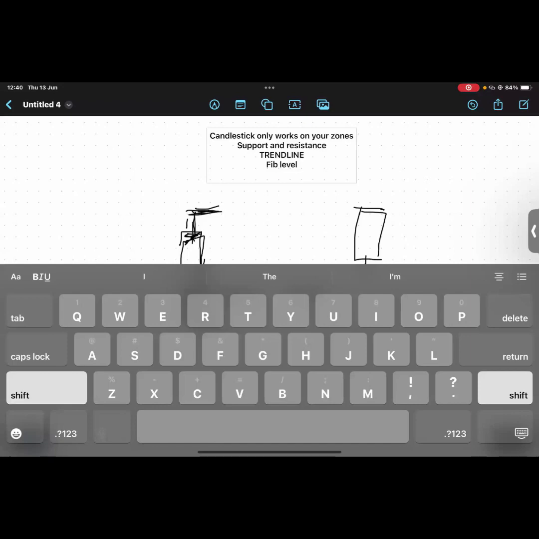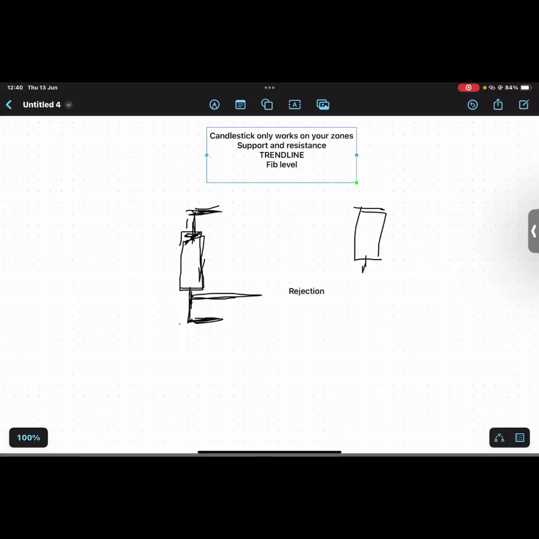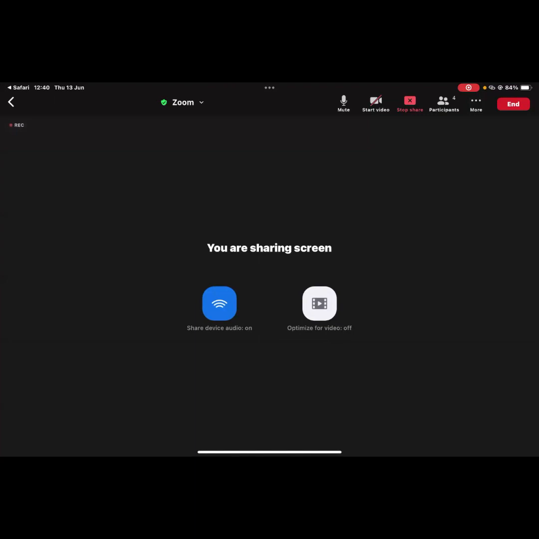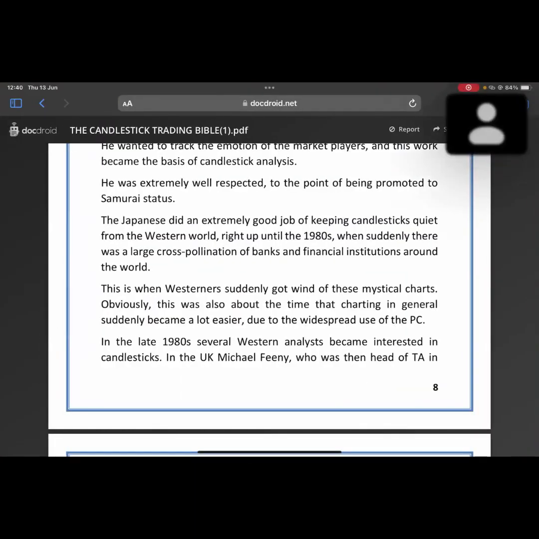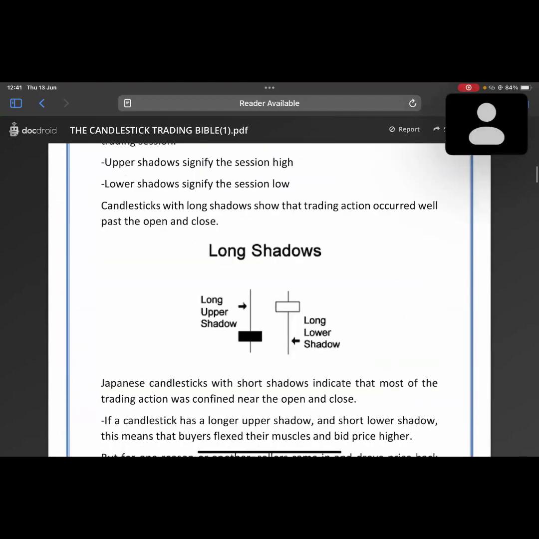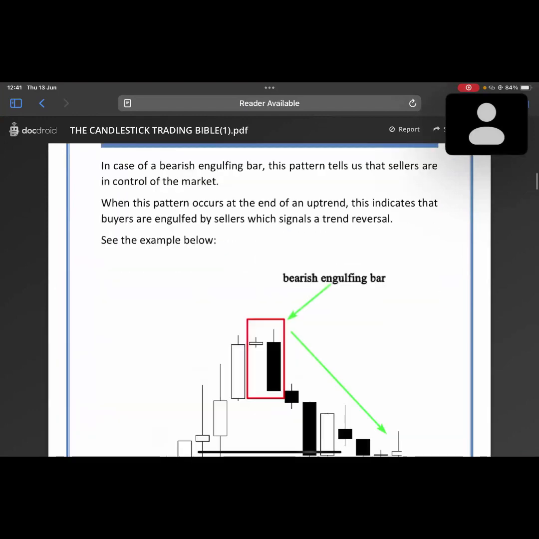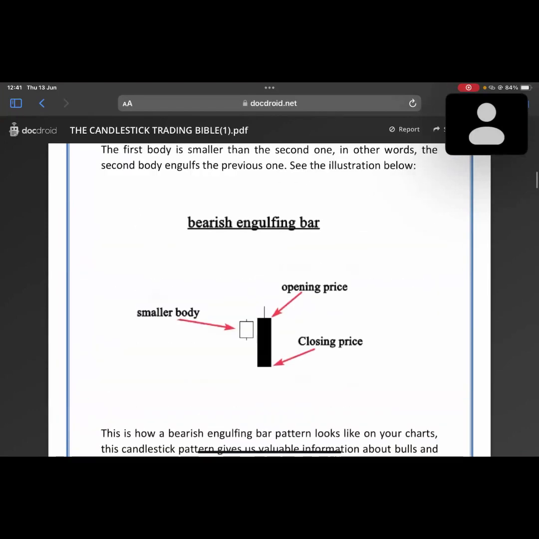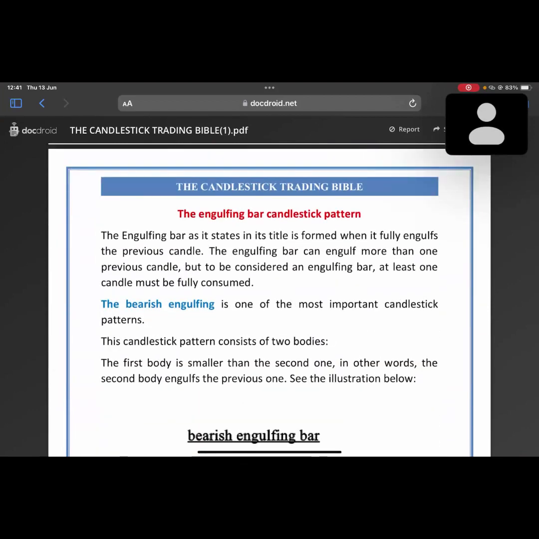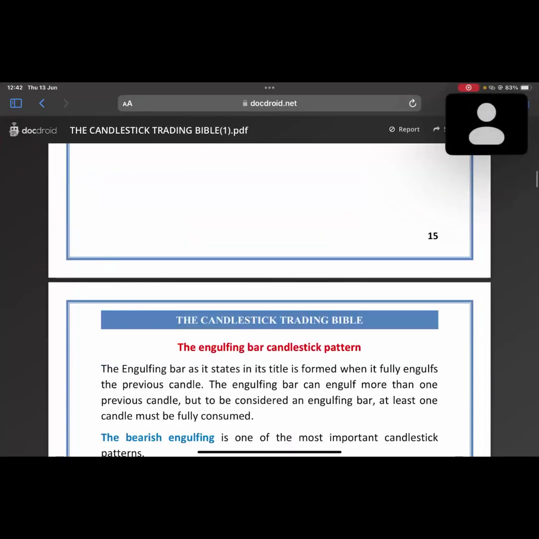Now let's go and look at the different candlestick patterns we have. So give me a second. The first candlestick pattern we have is the engulfing candle.